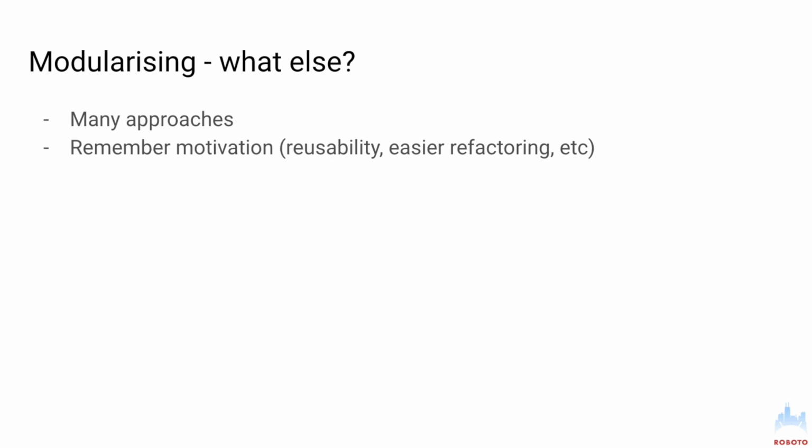Okay, modularizing, what else? So thousands of approaches and tools are created to build up multi-module applications. So remember the motivation, we have many of the problems already mentioned by Enrique.